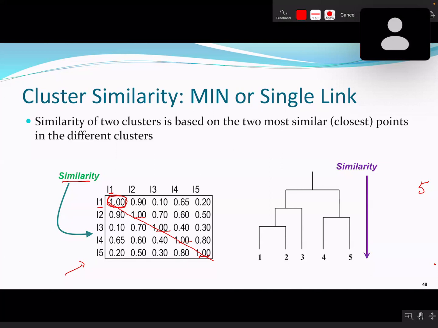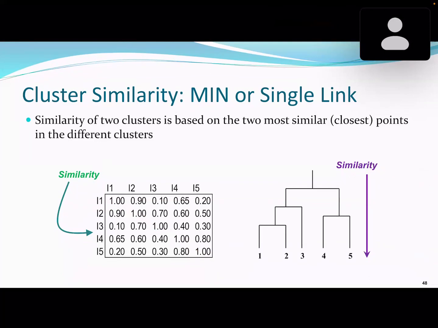If these numbers were distances, then for the diagonal I should see 0, because the distance between an object and itself should be 0. And so for this proximity matrix I illustrated here, all these numbers represent similarity.